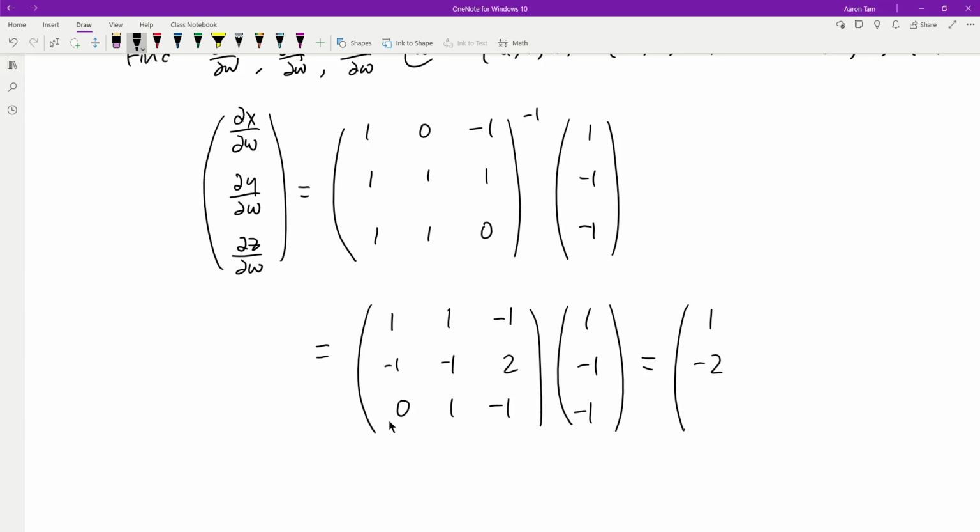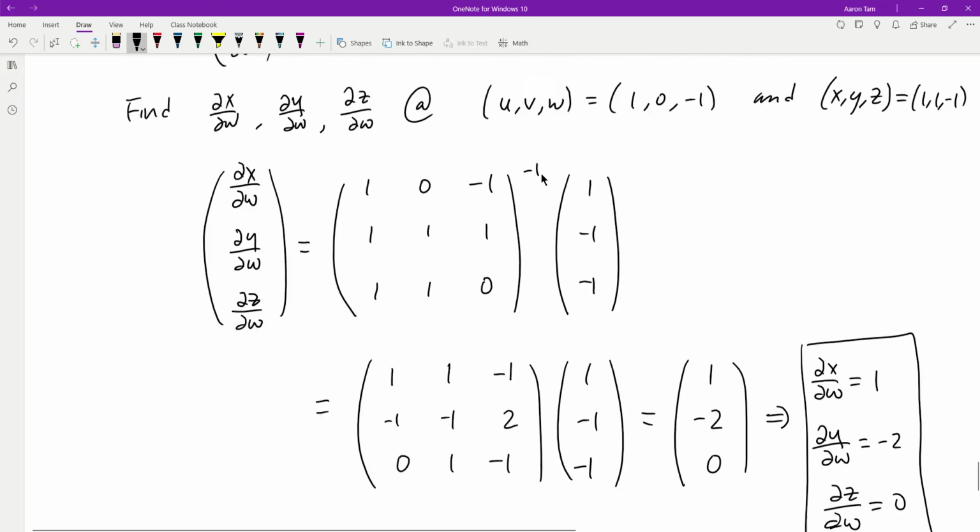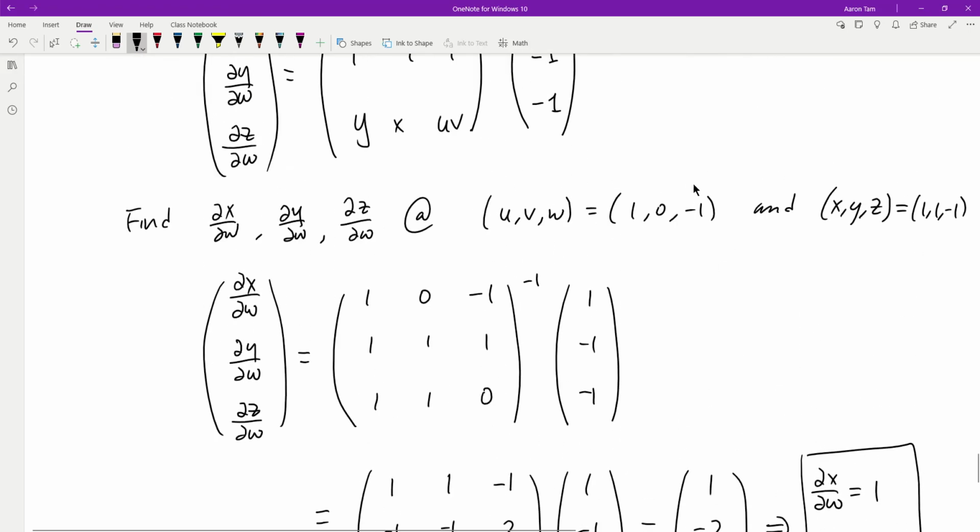And then 0 minus 1 plus 1, so that's 0 on the bottom. Therefore, dx over dw equals 1, dy over dw equals negative 2, and dz over dw is equal to 0. That's my partial derivative at this moment.